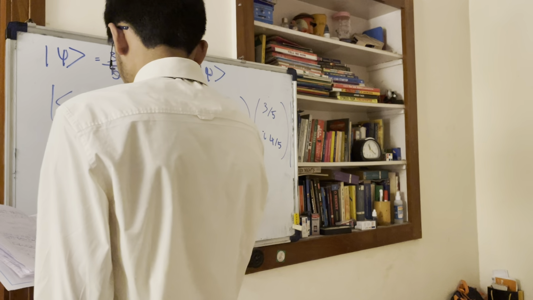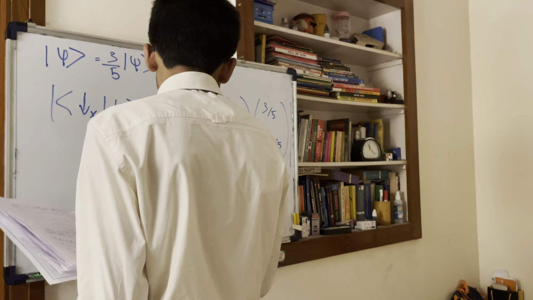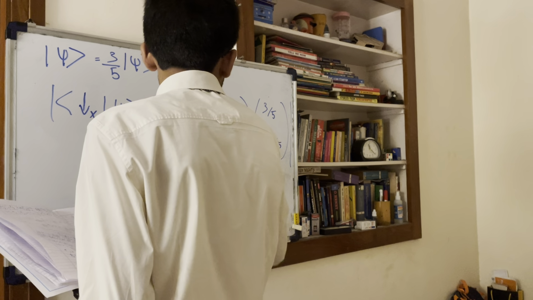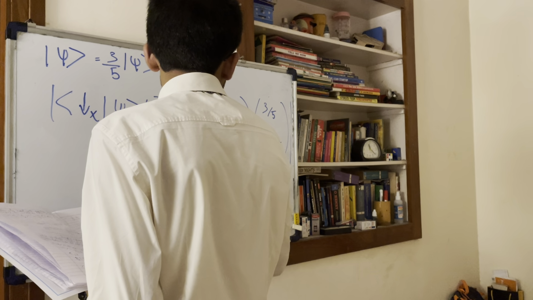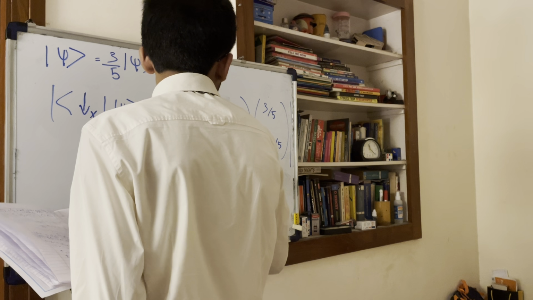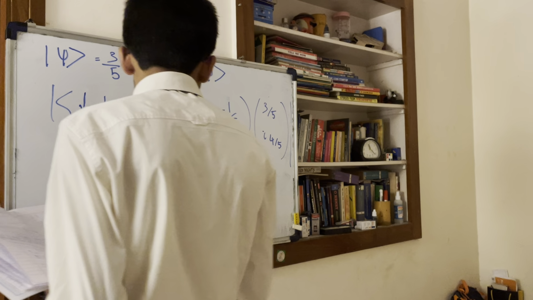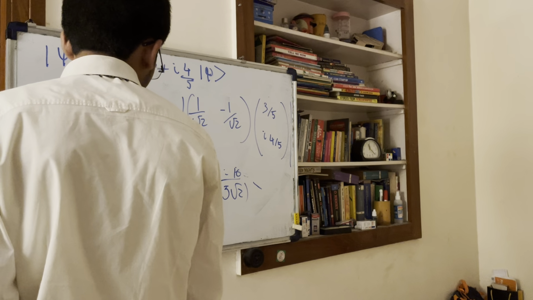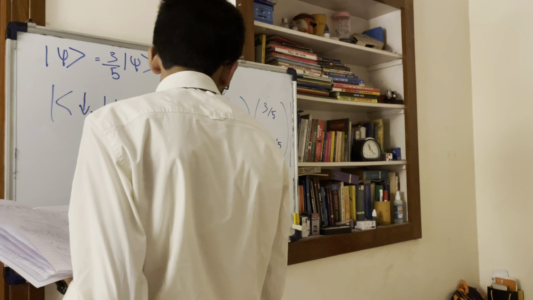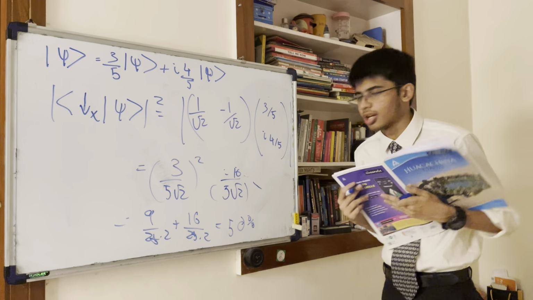So this will give me 3 by 5 root 2 squared and minus 1 times i squared i 16 minus 1 plus 1 by 5 root 2 squared. So again the same thing, 9 by 25 into 2 plus 16 by 25 into 2. So again it gives me 50%. So I've just verified that the maths does hold true.